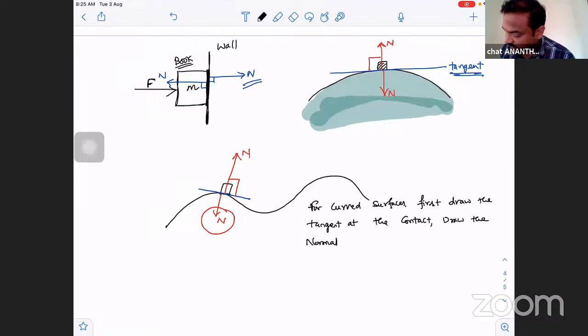Normal means perpendicular, perpendicular to the tangent line. So this is the way to identify the normal reaction direction when you are keeping a block on a curved surface.